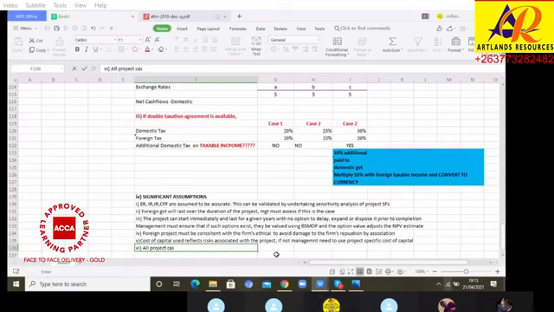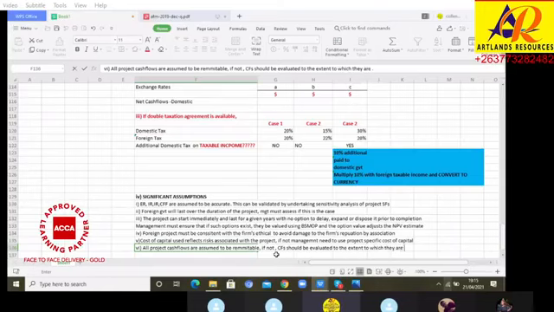If not, cash flows should be evaluated to the extent to which they are remittable. Right? You now understand all this.